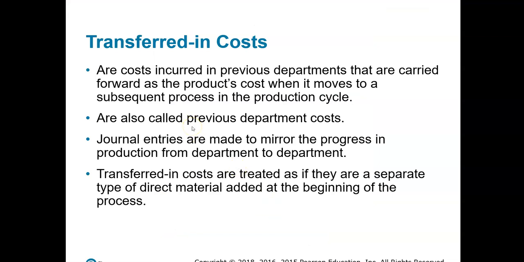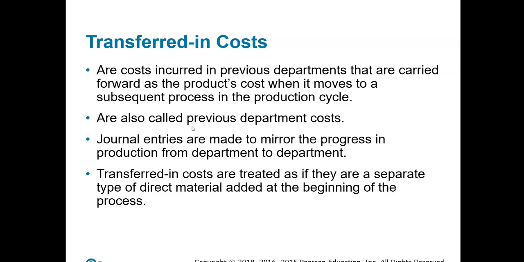So now let's talk about transferred in costs. These are costs incurred in a previous department, or departments, that are carried forward as a product's costs when it moves to subsequent processes in the production cycle. So let's take a look at this.